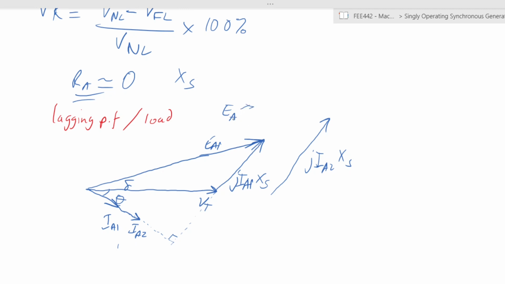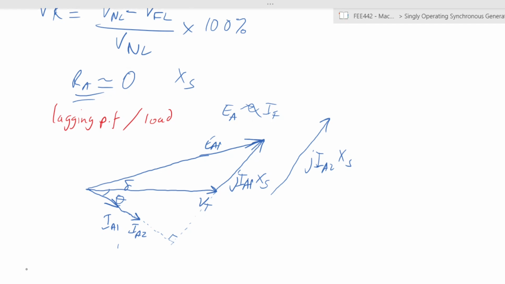The value of EA, which is related to IF, has to remain the same because you have not touched anything on the field exciter, okay? Let's assume that we don't make any changes to the field exciter.